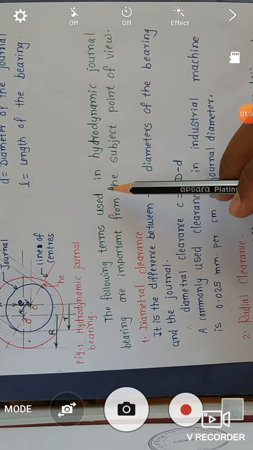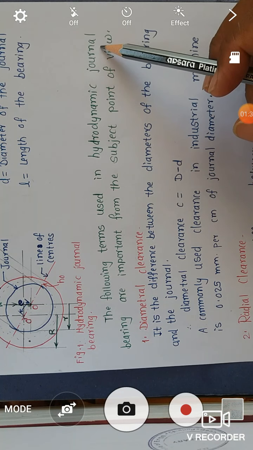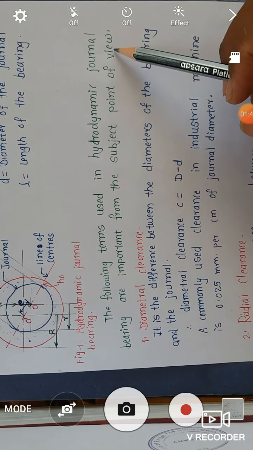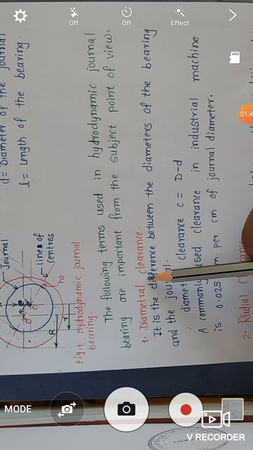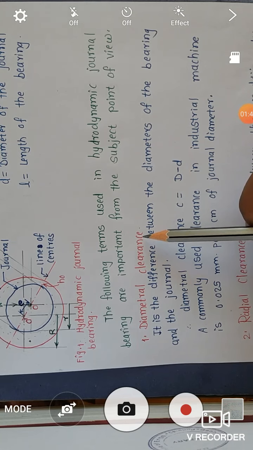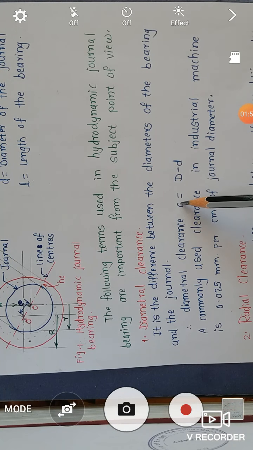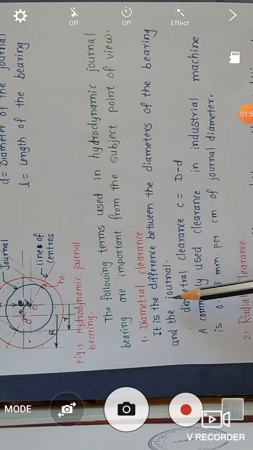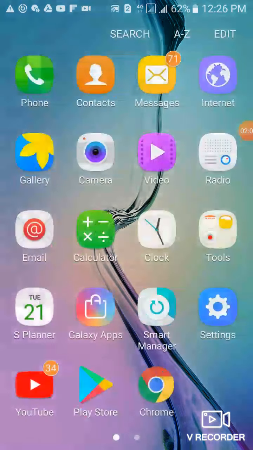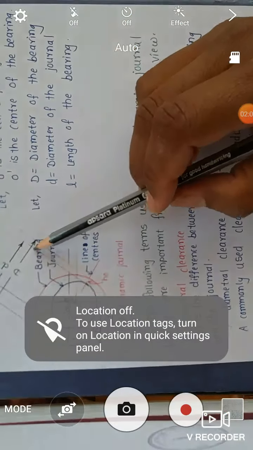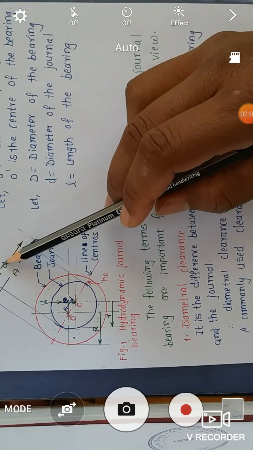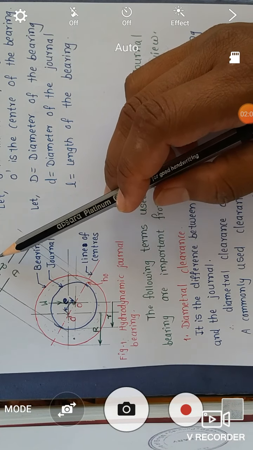Now the following terms used in hydrodynamic journal bearings are important from the subject point of view. First point is called diametral clearance. We use the symbol C for diametral clearance. It is the difference between the diameters of the bearing and the journal. In this figure, the difference between capital D and small d is called diametral clearance.